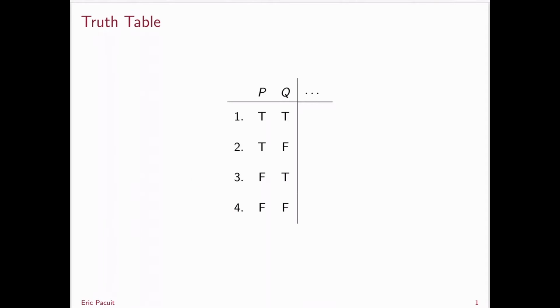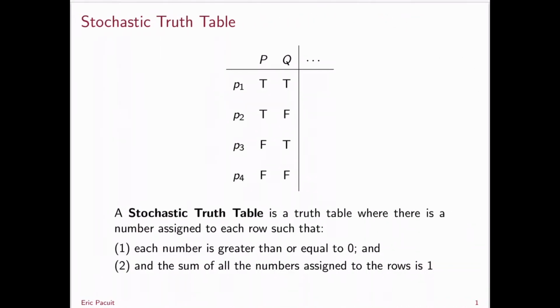So for example here, row 3 is the truth value assignment that assigns false, or F, to P, and true, or T, to Q. Now, a stochastic truth table is simply a truth table where each row is going to be assigned a number. So P1, P2, P3, and P4, those are all numbers.